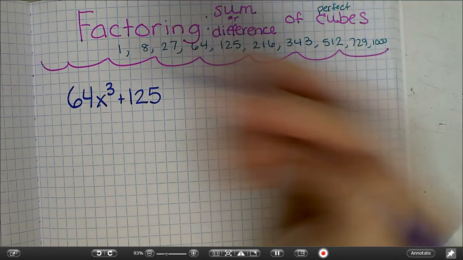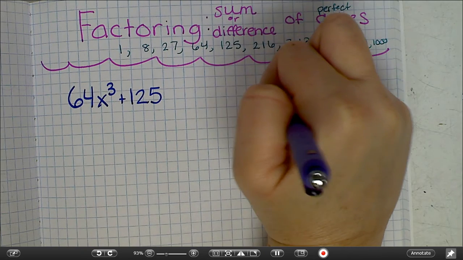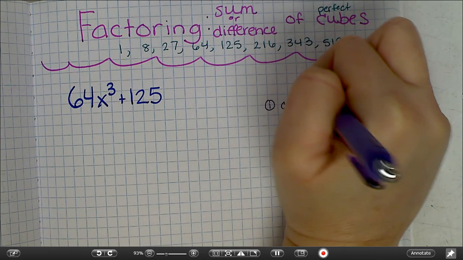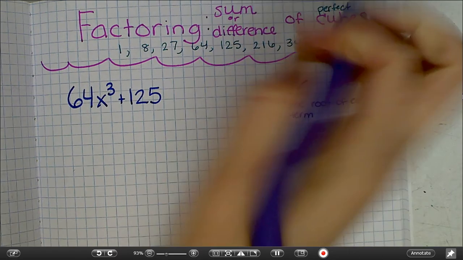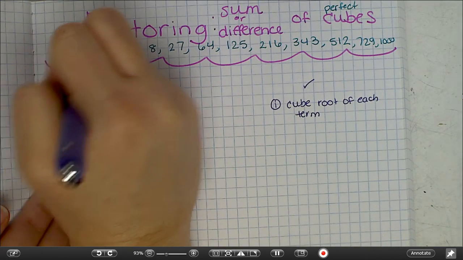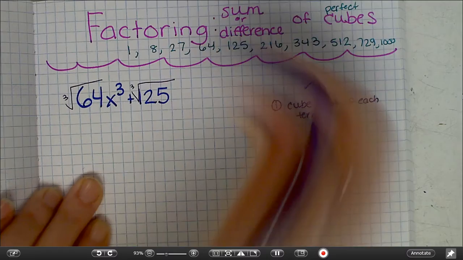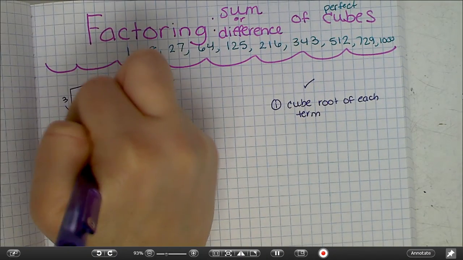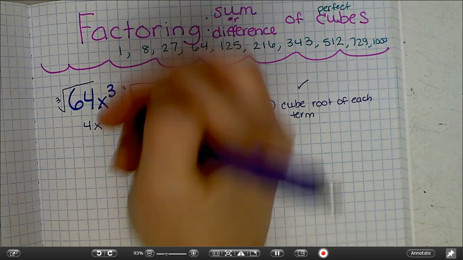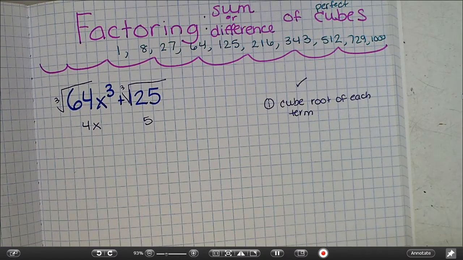And so the first thing you're going to do is take the cube root of each term. The cube root of 64x cubed is 4x. The cube root of 125 is 5.